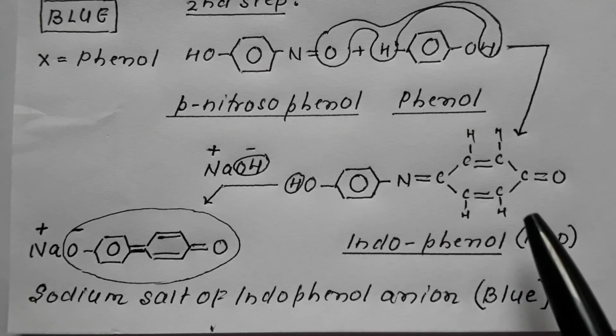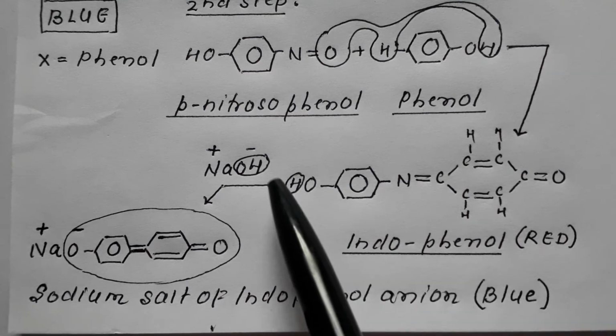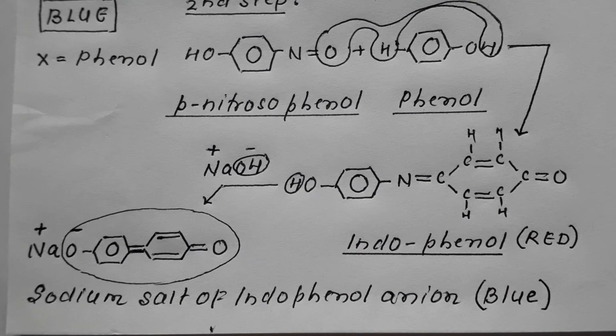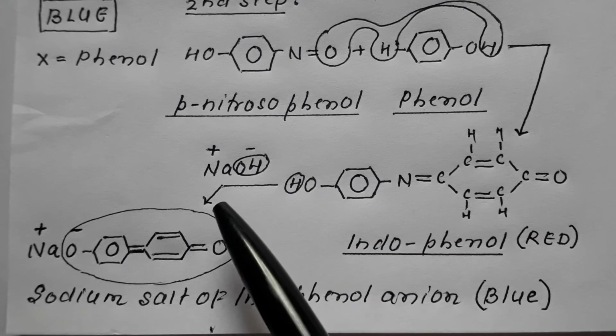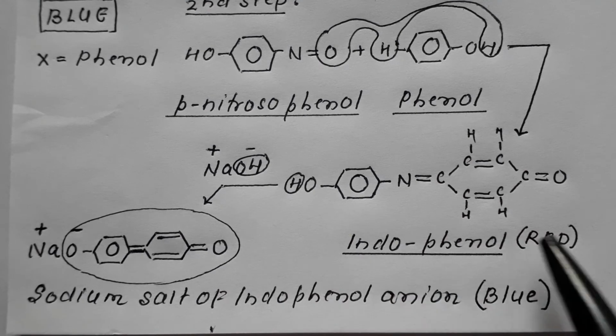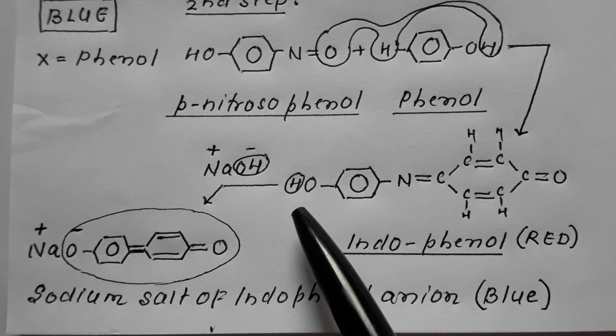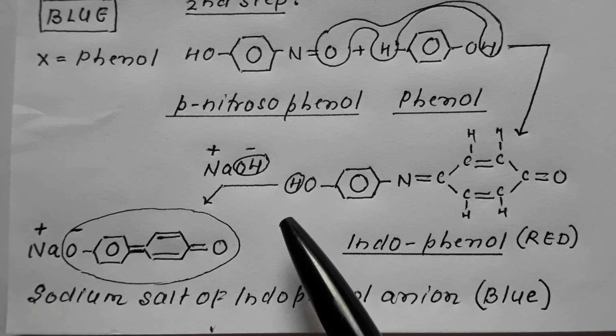Now this indophenol is red. So when into this indophenol we add NaOH, or any base, it may be NaOH, it may be KOH, any base, the H from phenol, we know that phenol is acidic in nature.